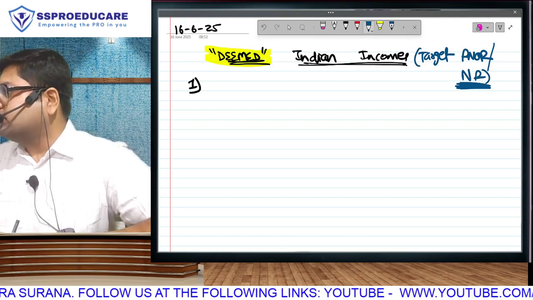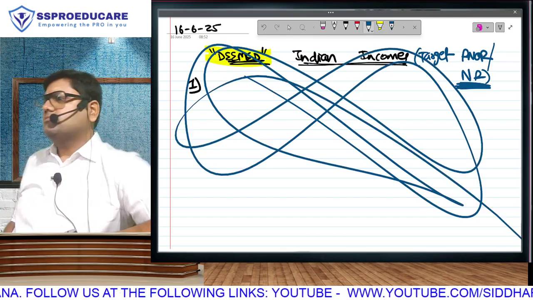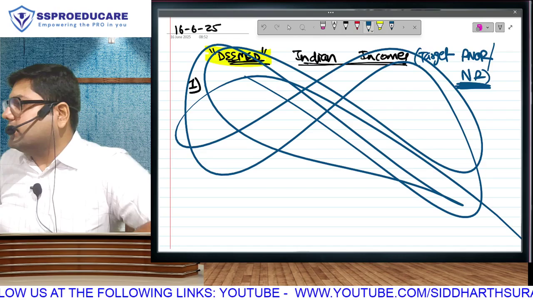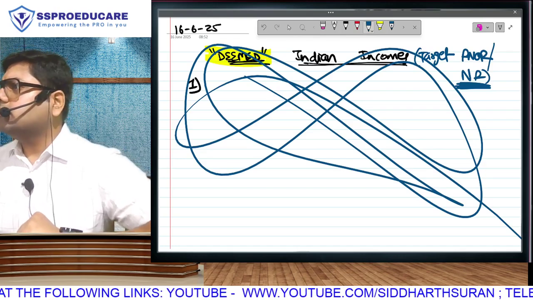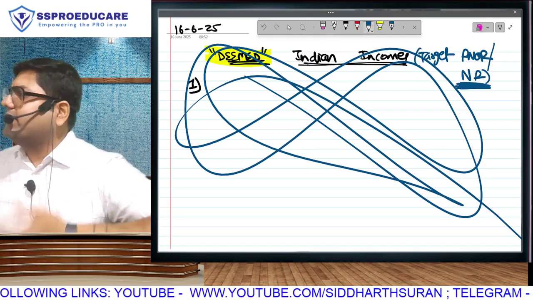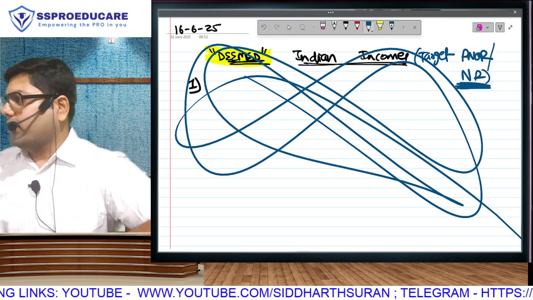Once the income becomes Indian income. Supposingly this income was not Indian income. And if you are a resident, you still have to pay tax. Come on. Once you are a resident, you still have to pay tax, irrespective of your income, whether it is Indian income or foreign income.